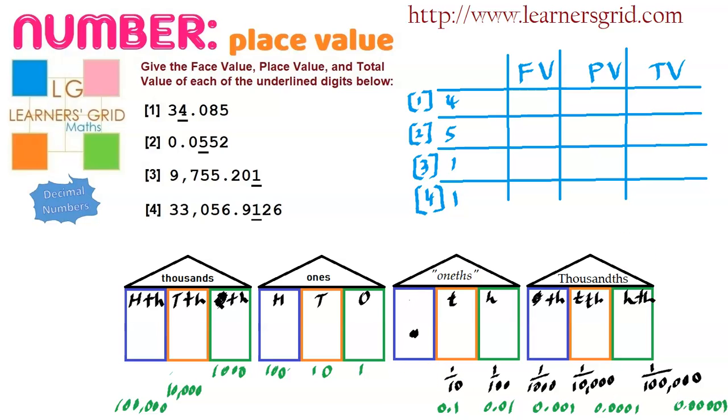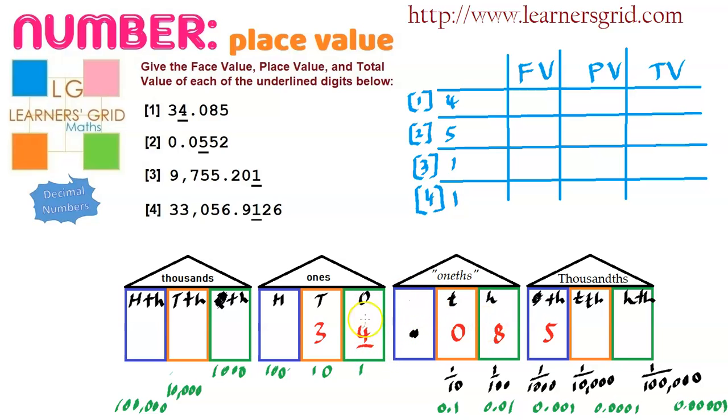Now, how will that play out when we come up with the face value, the place value, and the total value of every number? Let's try number 1. So 34. I like to write it in reverse order, starting with the decimal point. So the 4 goes here, the 3 goes here, 0, 8, 5. You don't need to do all this because you only really care about the 4. Where is the 4?